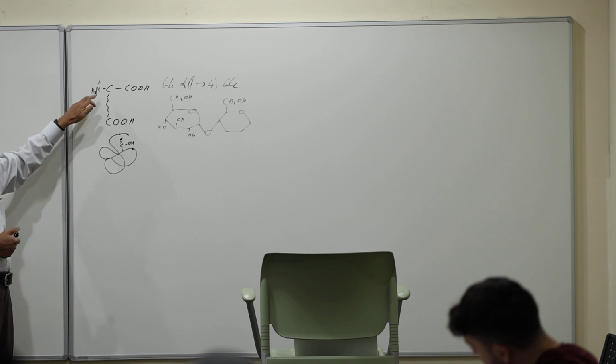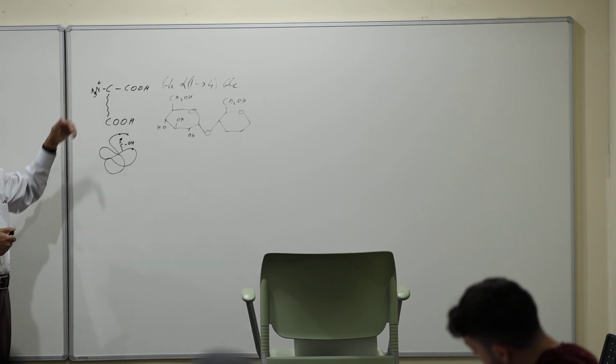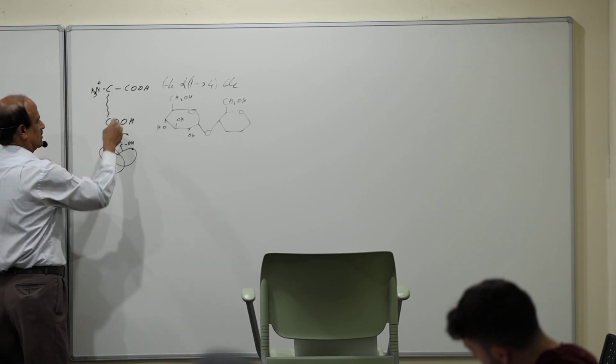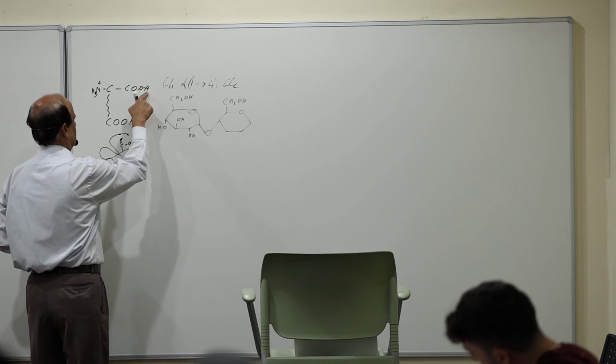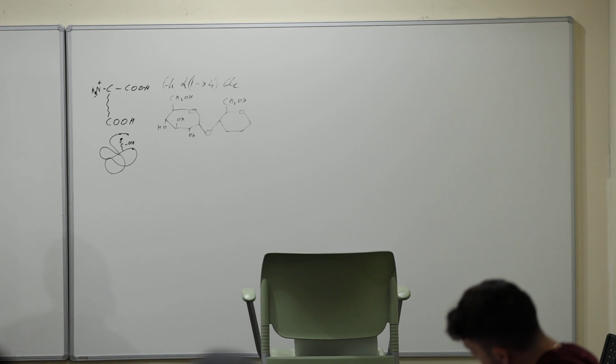Nitrogen is electronegative. Nitrogen with a positive charge is even more electronegative, and that pulls electrons from this bond and makes it a stronger acid.